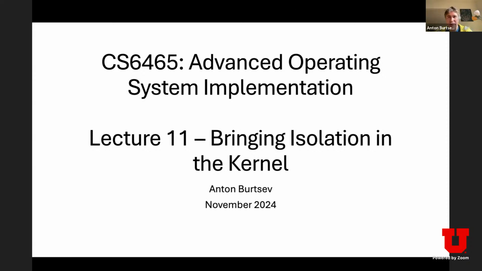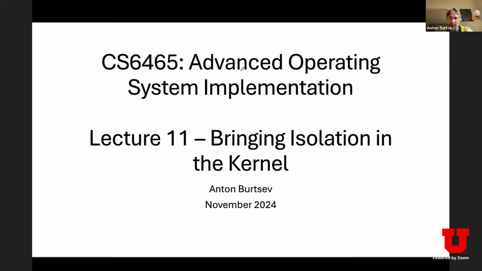The question is, can we really benefit from those mechanisms by taking an existing monolithic kernel like the Linux kernel, which is developed as a single address space, where any variables can be accessed literally from any other part of the system, and somehow introduce isolation with a goal to prevent exploitation of this kernel? So let's take a look.